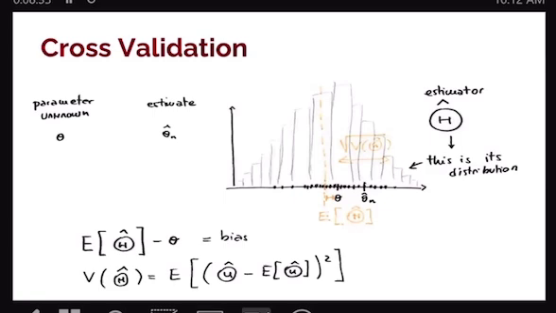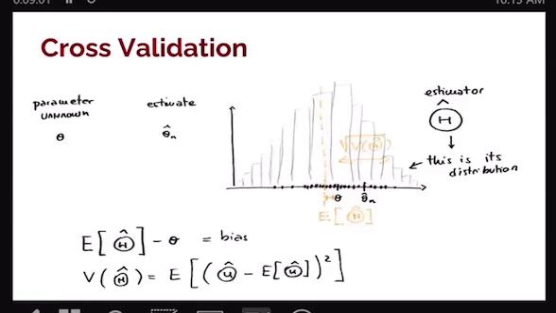Having an understanding of bias and variance is very crucial in understanding the way cross validation works, and not only that, the performance evaluation that we want to conduct.